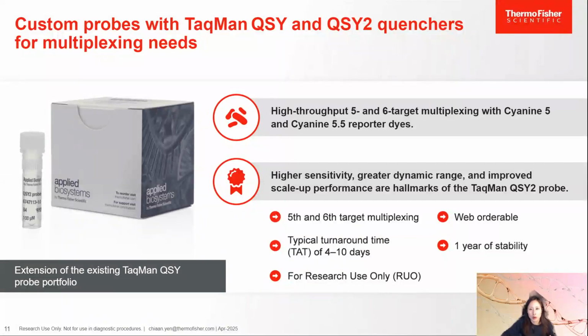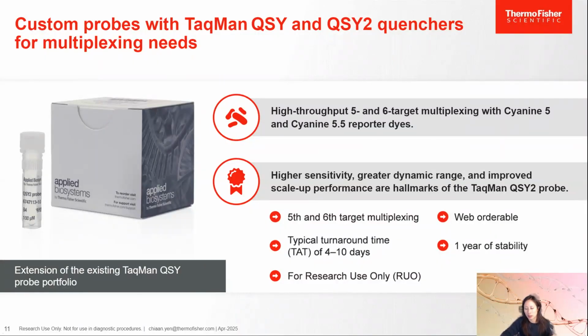I wanted to make a call out here that the QSY2 probes are new to our offering. So I just want to give a little bit more information on that. These are paired with Cyanine 5 and Cyanine 5.5. We have a great multiplexing application note that is also available online that really demonstrates the multiplexing capability of these probes.